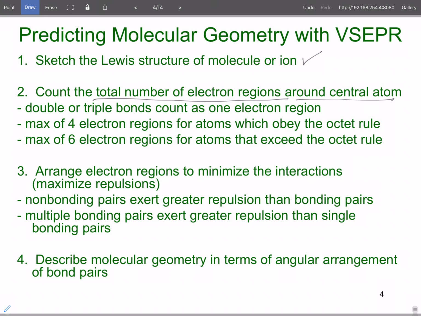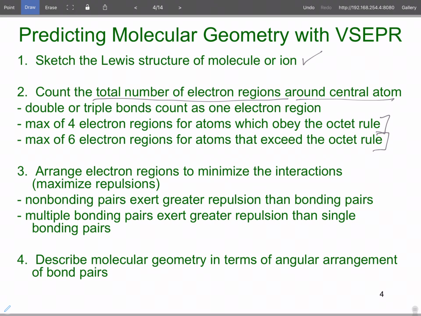Double or triple bonds count as one region because they're pretty much occupying the same space. If they obey the octet rule, you'll have a max of 4. If they don't obey the octet rule, you're going to have a maximum of 6 regions. Then you're going to arrange the electron repulsions in such a way to minimize the interactions.